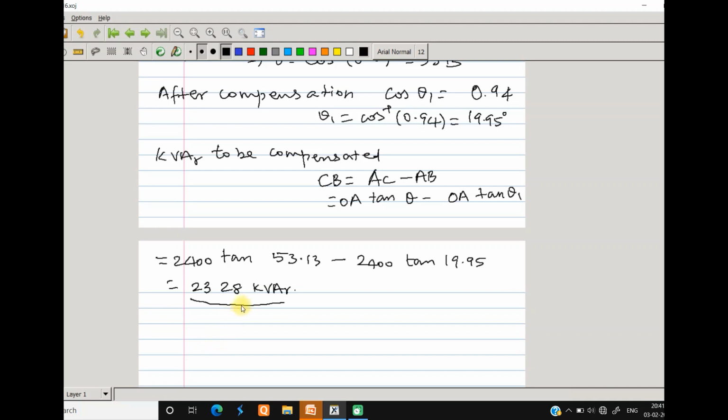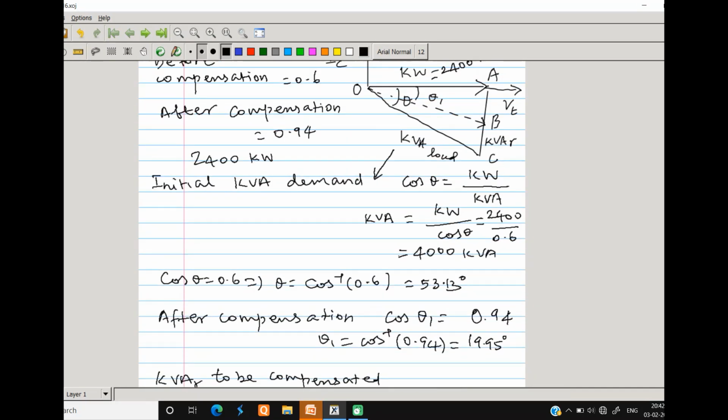So the capacity of the machine, that is, this particular machine has to compensate this value. The machine rating should be around this value. Since we were asked to find the value of the kVA after compensation, in order to find this we need OB.